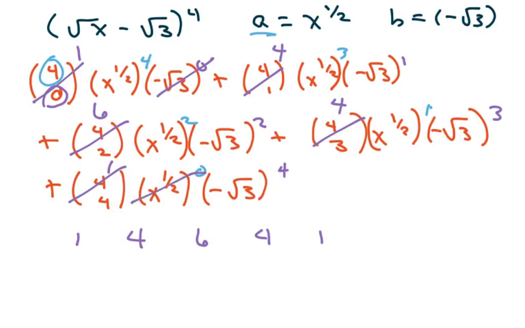And also I'm going to do like I did before. I'm just going to multiply these two, so that will be x squared. This one's going to be x to the 3/2. And also remember, when you have something like negative square root of 3 squared, that's just going to be 3, because the negatives cancel out the square roots.